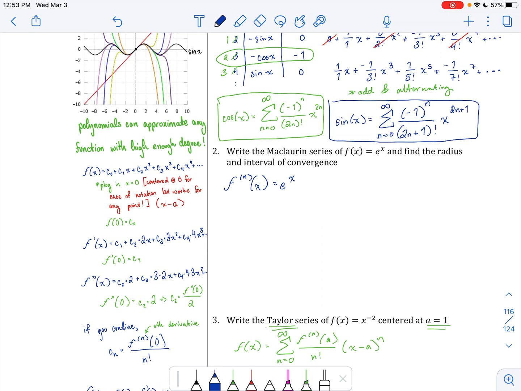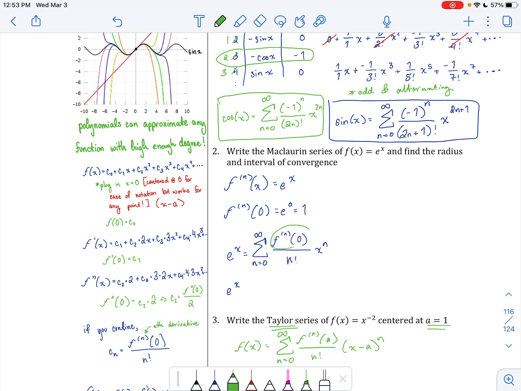So we always know that the nth derivative at 0 is equal to e to the 0, which is 1. And this is why it's one of those that's commonly memorized. So when we plug that into our formula, e to the x is equal to the series from n equals 0 to infinity, and if we just plug it in, we end up with the nth derivative at 0 over n factorial x to the n.